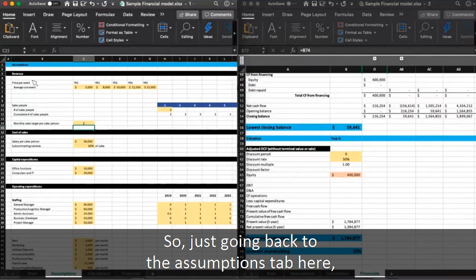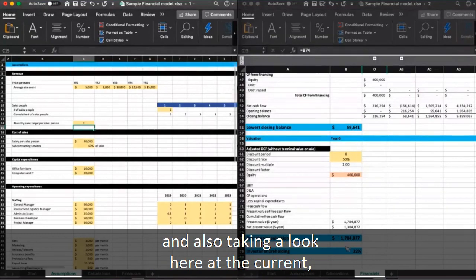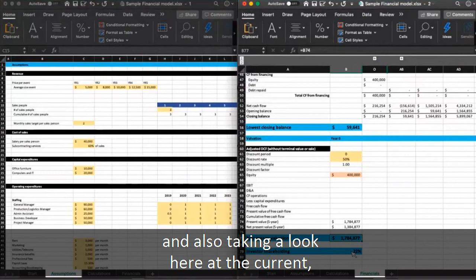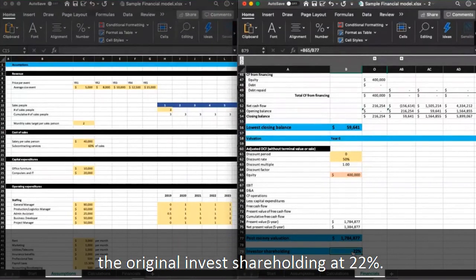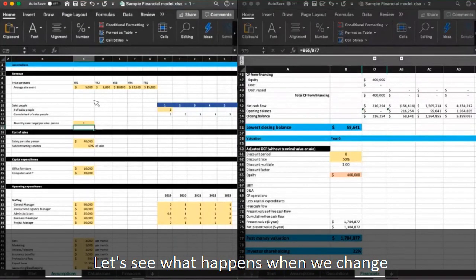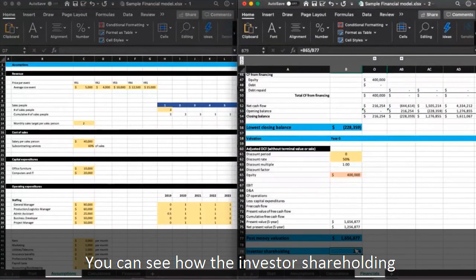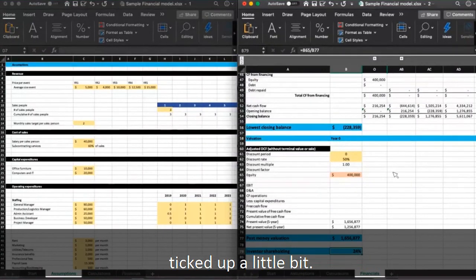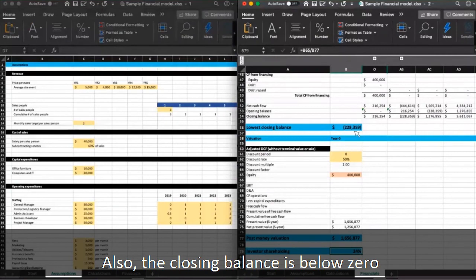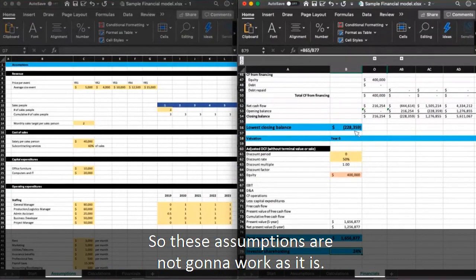So just going back to the assumptions tab here, and also taking a look at the original investor shareholding at 22%. Let's see what happens when we change year 2 average size event. Instead of $8,000, let's put it at $4,000. You can see how the investor shareholding ticked up a little bit. Also, the closing balance is below zero. So these assumptions are not going to work as is.